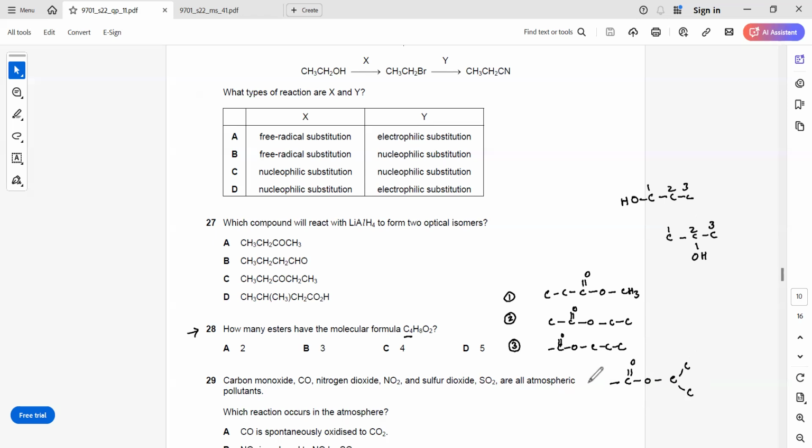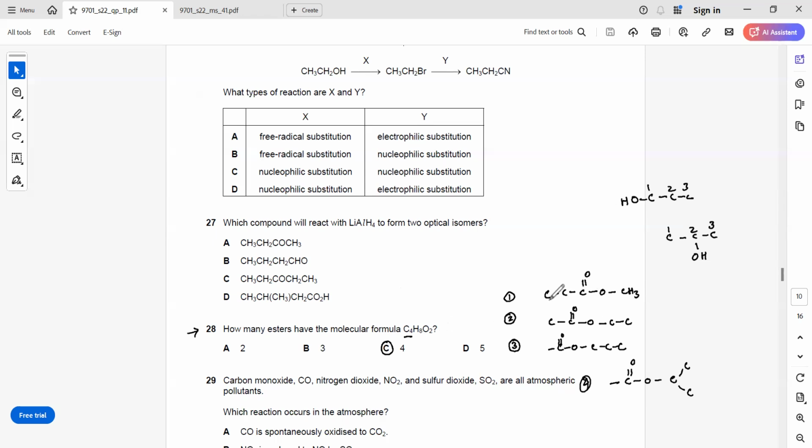So total possible esters with four carbon atoms are four. Clear? So by drawing all these possible esters, we can find out the number of esters which are possible with this molecular formula.